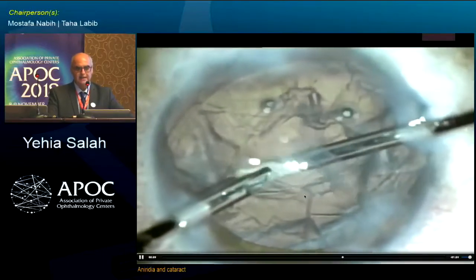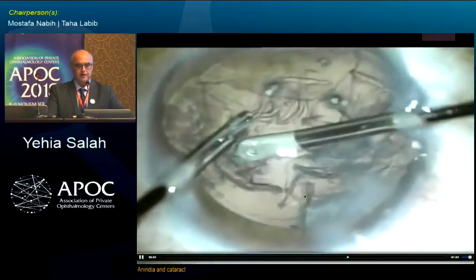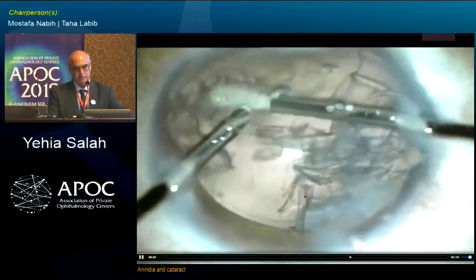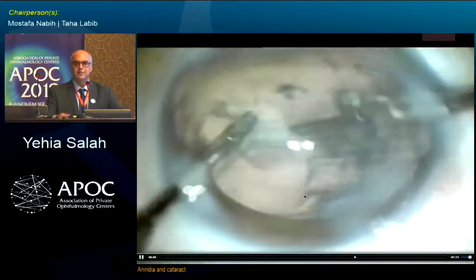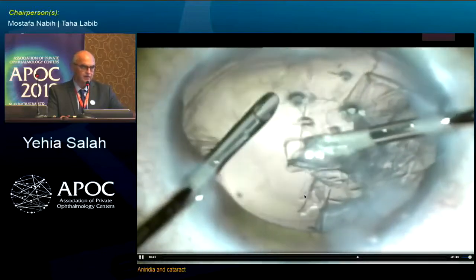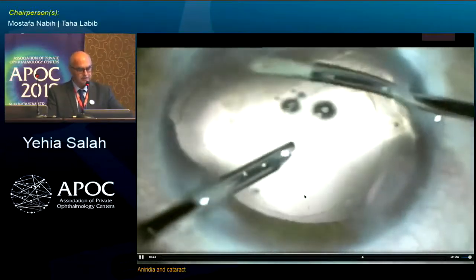and to stabilize it. Then I continued irrigation aspiration for the loosened cortex I have hydrated before, which makes it easy because usually if you do irrigation aspiration after implanting the capsule tension ring, it is difficult to do proper irrigation aspiration.